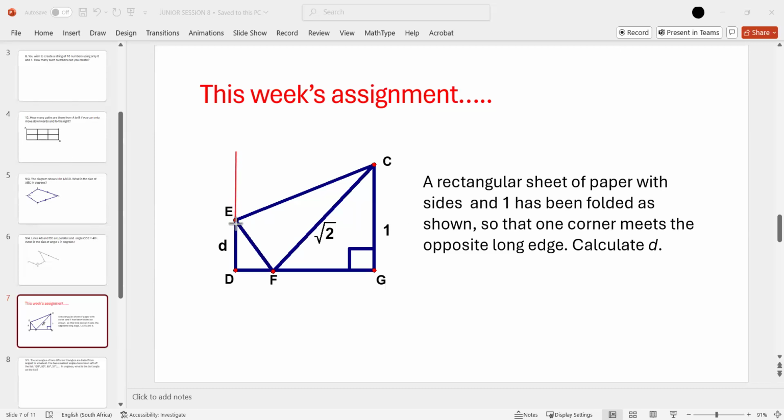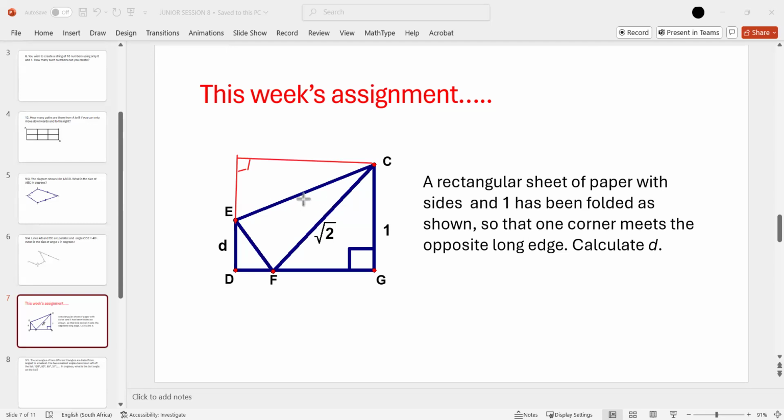A sheet of paper was something like this. So this was a sheet of paper, and then it has been folded. So this part is folded over this. You can see this fold here. So originally it was a rectangle like that, and now it's folded.